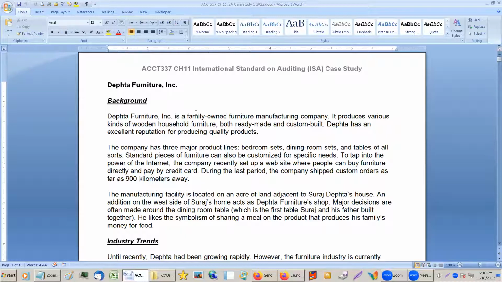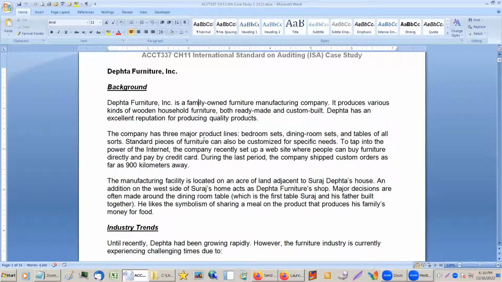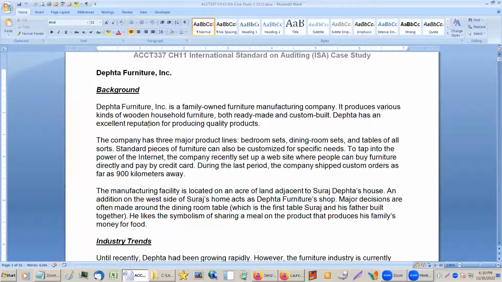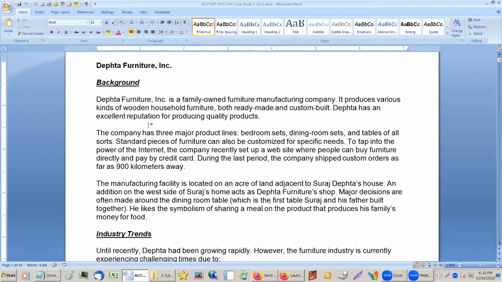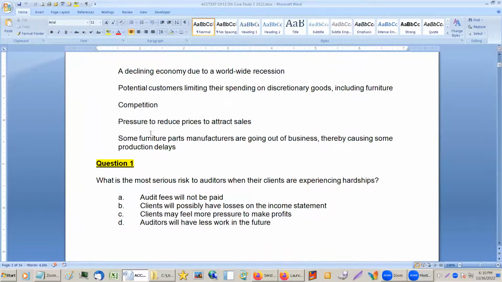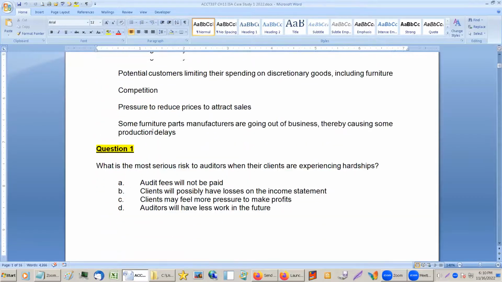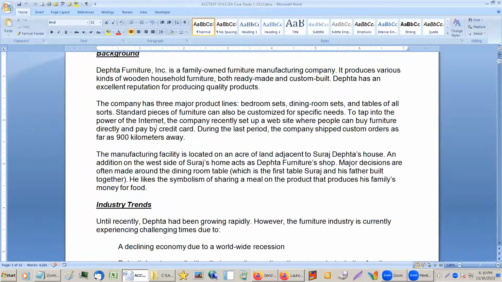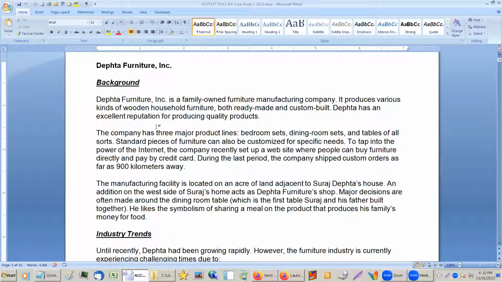Let you guys read through this. I don't think I need to read it to you, but there are questions every now and then on here. So let's go ahead and read the first part here, and then we'll talk about the question.